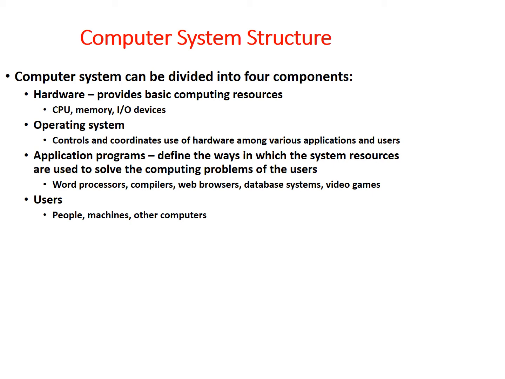Number 3, application programs define the ways in which the system resources are used to solve the computing problems of the users: word processors, compilers, web browsers, database systems, video games. Number 4, users: people, machines, other computers.